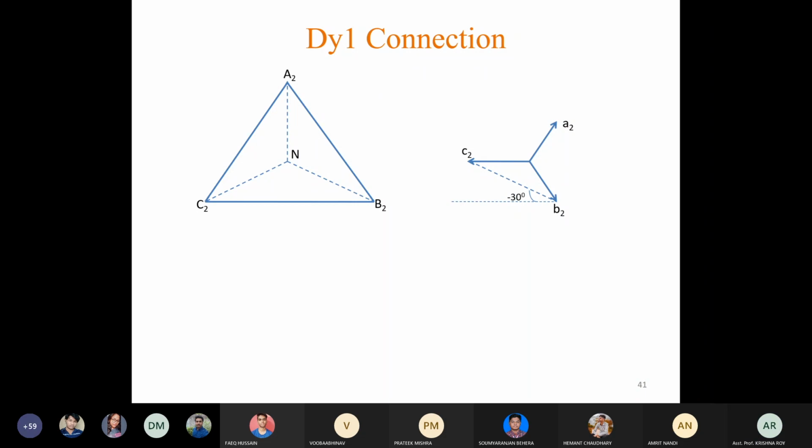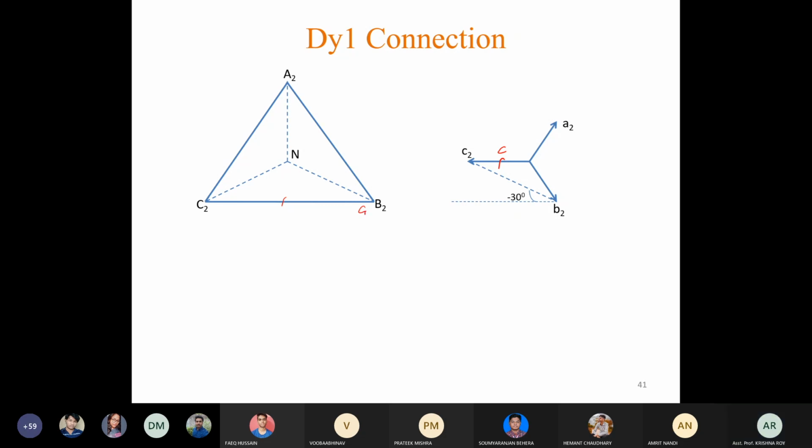Now we have to identify the phases. See, this line is C phase, so this has to be our C phase. To make this one C phase, this terminal has to be C1.